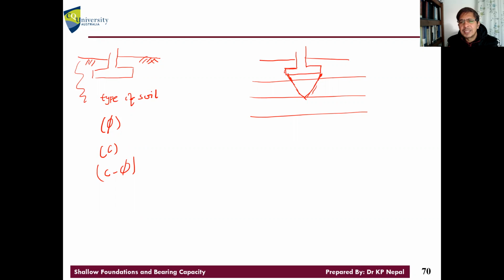So we put the footing in layer 1, but the failure goes to layer 2 too, and maybe layer 3 also. You see, it can go anywhere. It depends on this angle alpha. Alpha is usually given, by different authors, as 45 plus phi by 2.